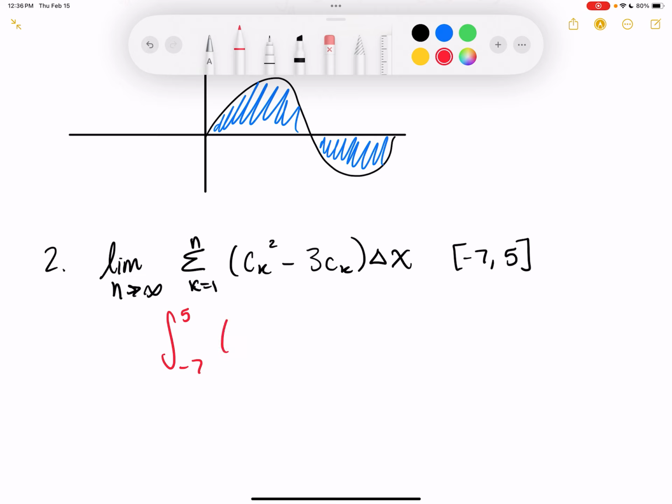So this becomes x squared minus 3x, then delta x becomes dx, and we're done. Super easy. Like that is the answer? Yes.